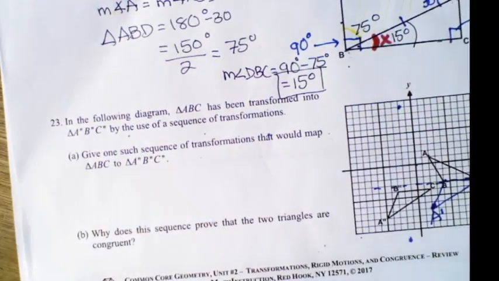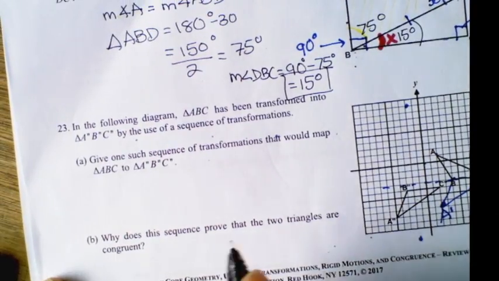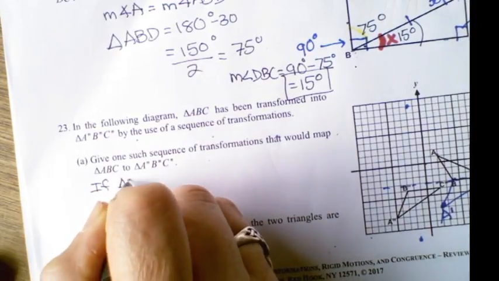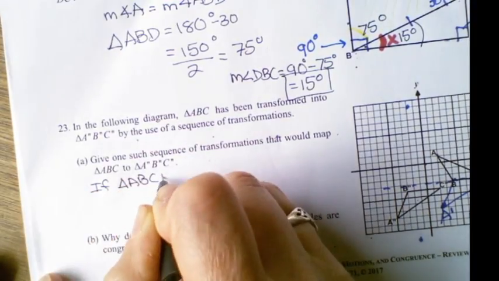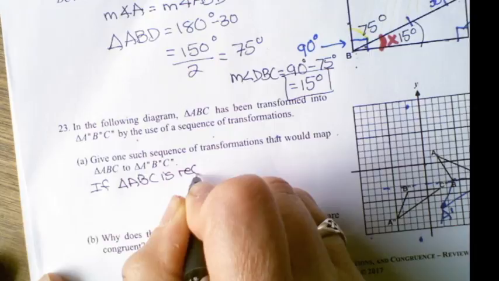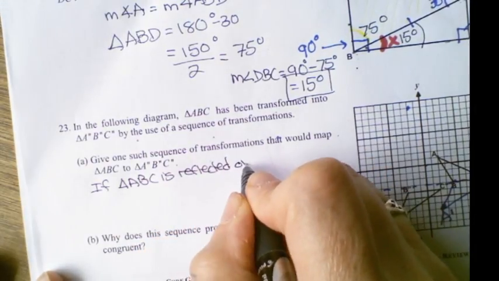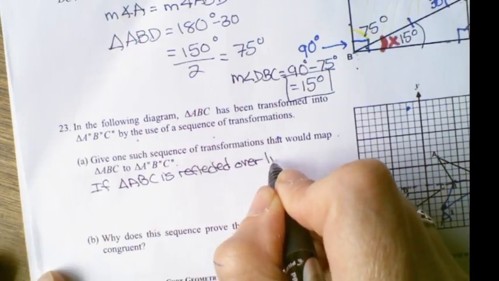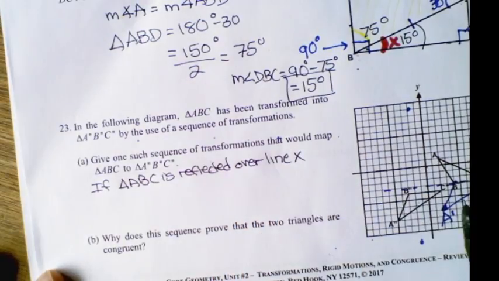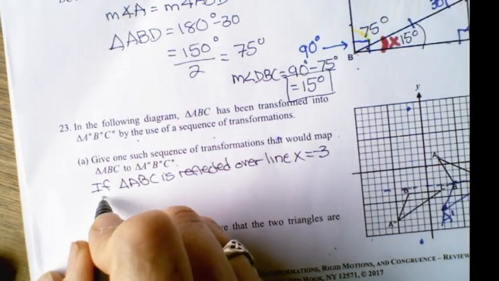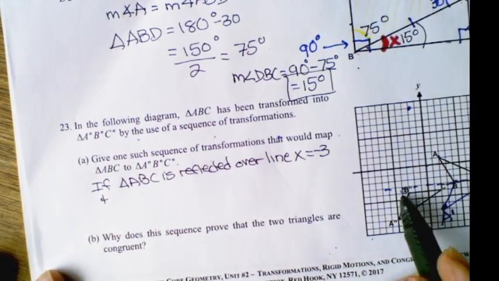So my answer is: if triangle ABC is reflected first over the line x equals -3, and then I'm going to slide it to the left and down.